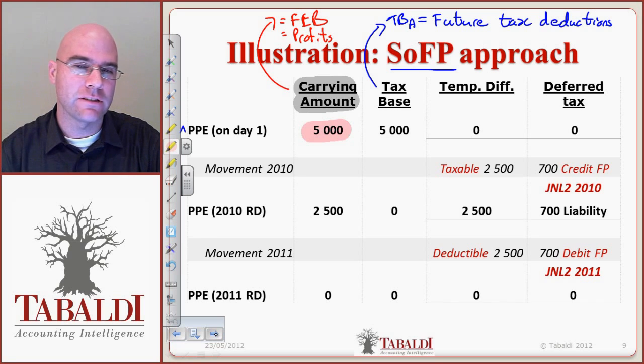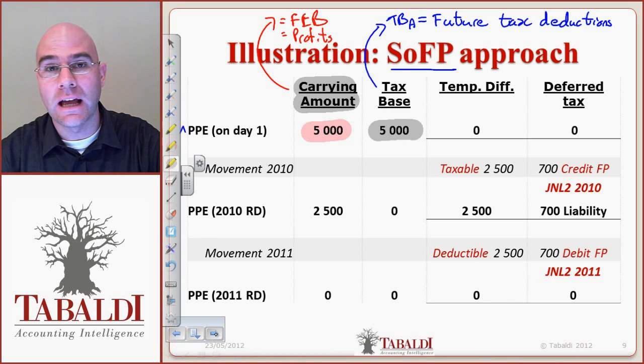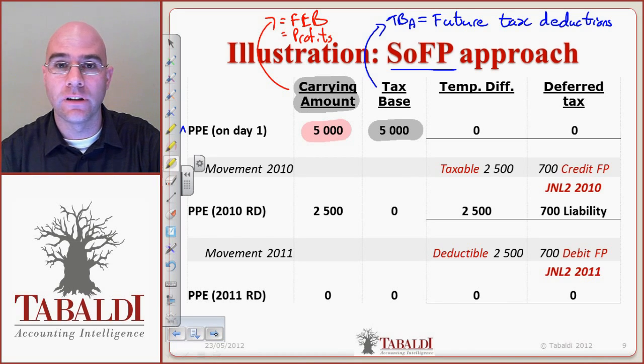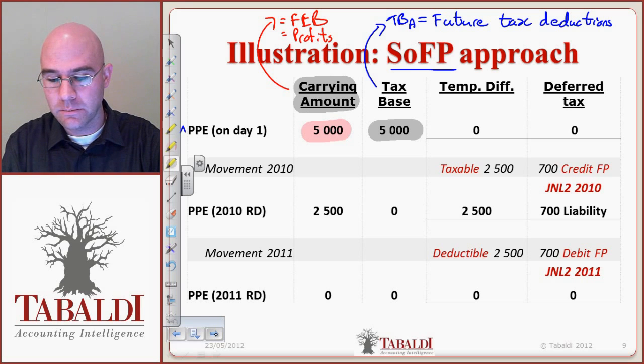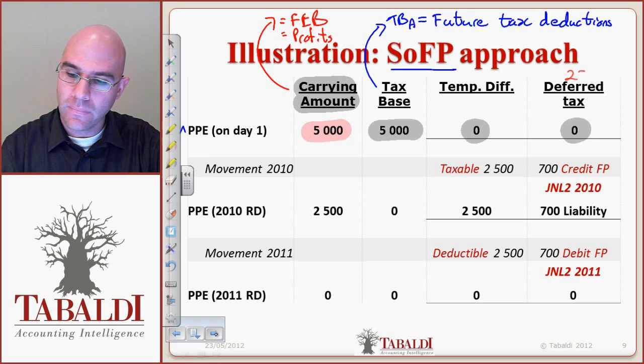We wouldn't have paid 5,000 Rand if we didn't expect to at least get 5,000 Rand out in the future. The tax base at this stage, we have not claimed any allowances yet, so that 5,000 Rand future tax deduction is still fully intact, still to be claimed. Temporary difference on day one, 0, times 28%, deferred tax. Well, that gives me 0.